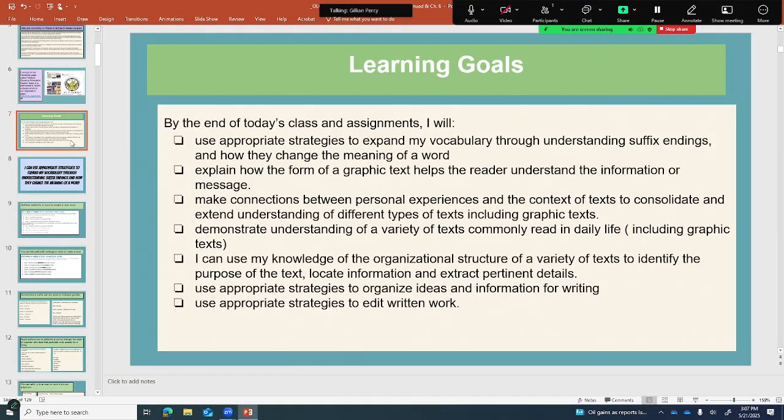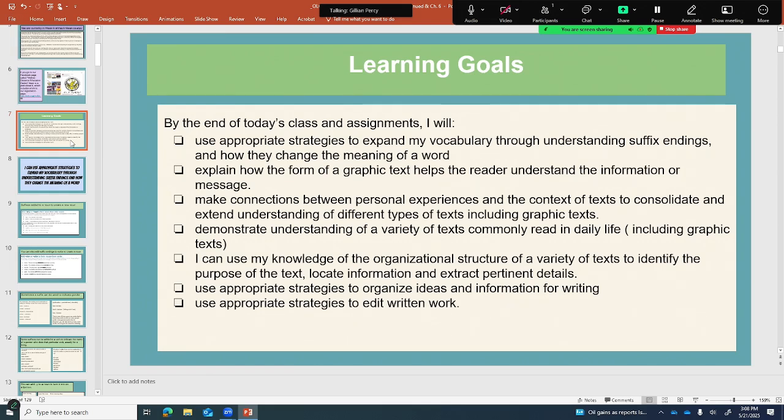Okay, today's learning goals. By the end of today's class and assignments, I will use appropriate strategies to expand my vocabulary through understanding suffix endings and how they change the meaning of a word. Explain how the form of a graphic text helps the reader to understand the information or message. Make connections between personal experiences and the context of text to consolidate and extend understanding of different types of text, including graphic texts.